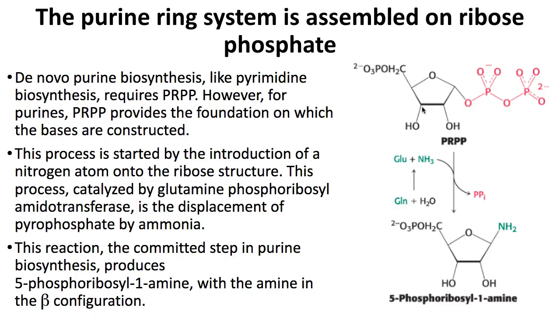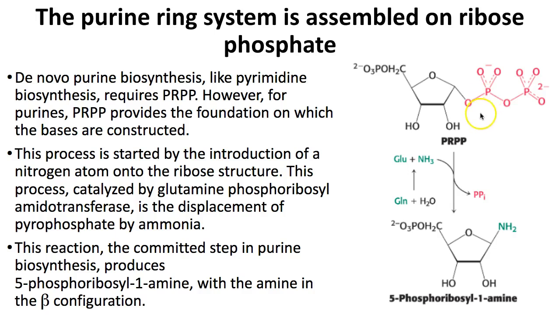So before with the pyrimidine, the base was formed and then it was attached to the PRPP, but now you actually have the structure coming from the PRPP in general, and it's attached to it and grows into a ring structure while it is attached to the sugar.